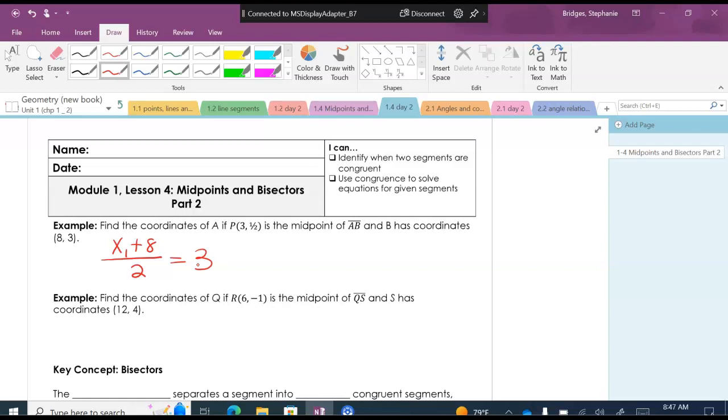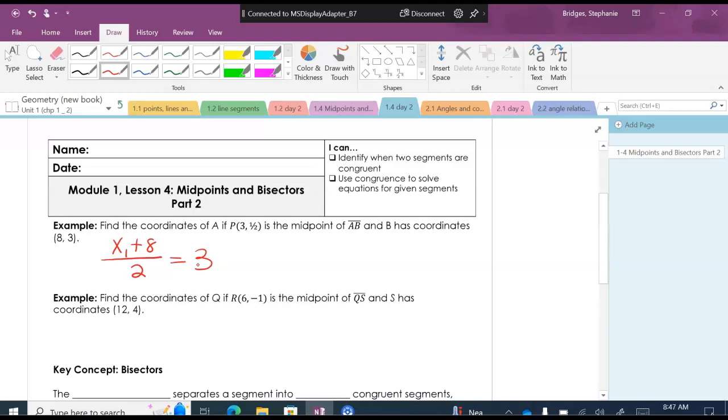And then if I wanted to solve this for x, what would I do with that 8? Subtract it over. So what would x sub 1 equal with 6 minus 8? -2. So the x sub 1 we just found was -2.